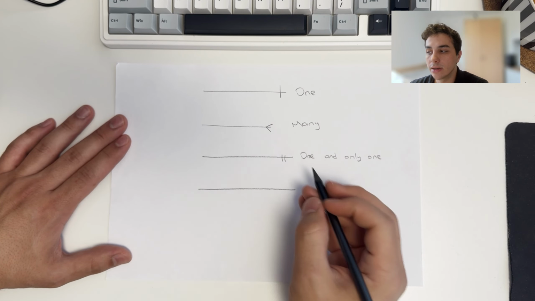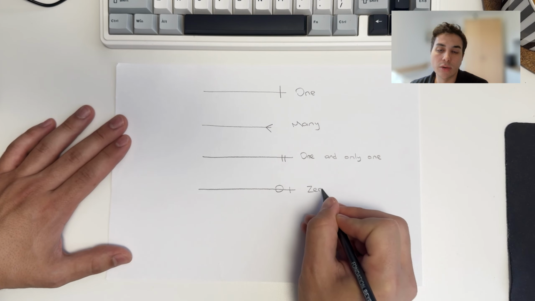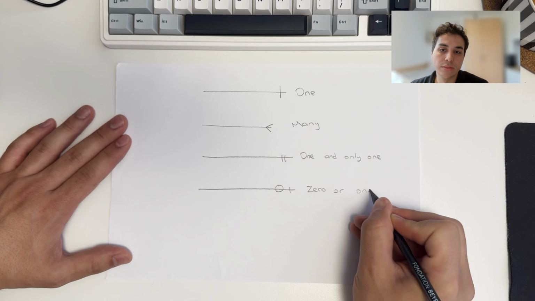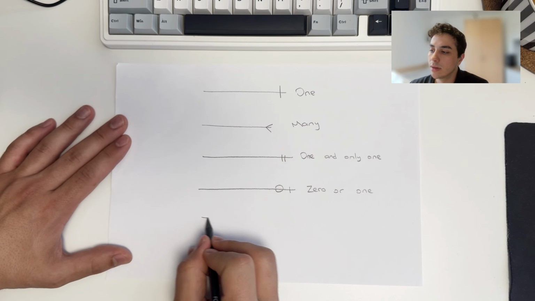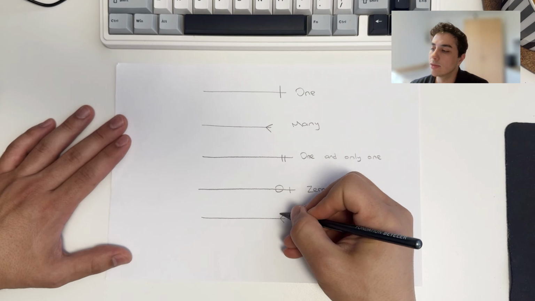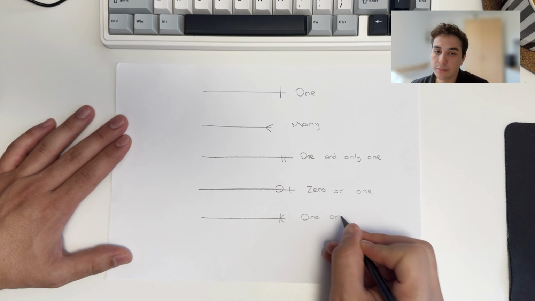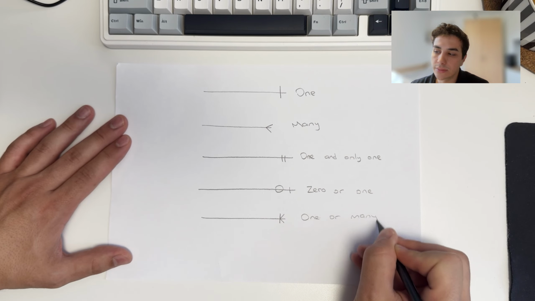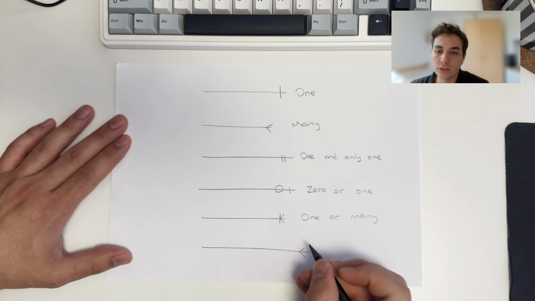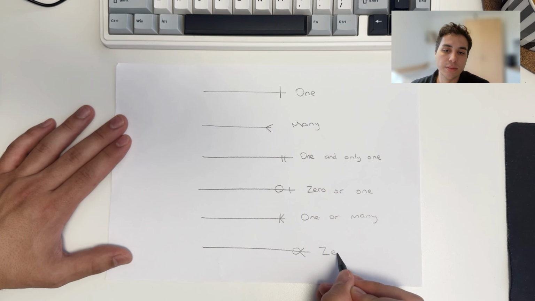We have a line with a line and a circle, which means zero or none. We have another line with a crow's foot plus a line, which means one or many. We have another line with a circle and a crow's foot, meaning zero or many.